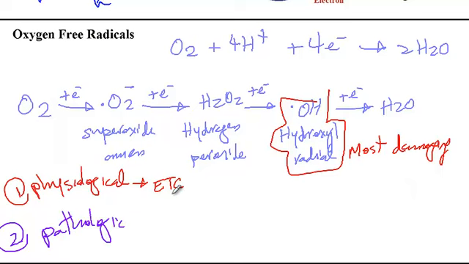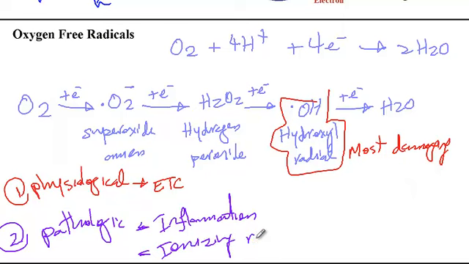For instance, once there is inflammation in our body, some of our defense cells will intentionally create oxygen-free radicals in order to kill pathogens. So one mechanism is inflammation. There is also ionizing radiation that can lead to formation of oxygen radicals.